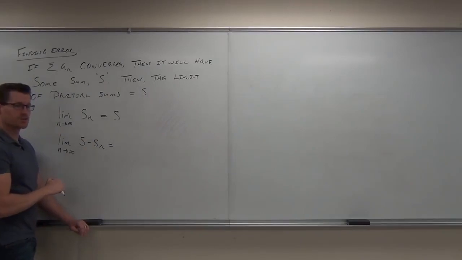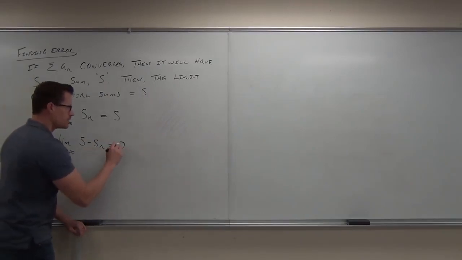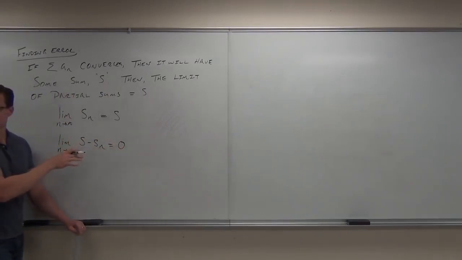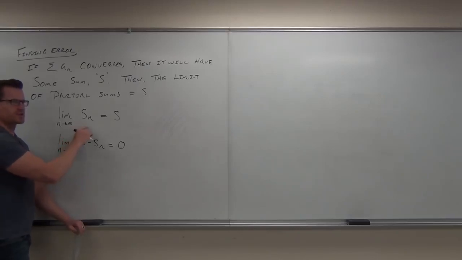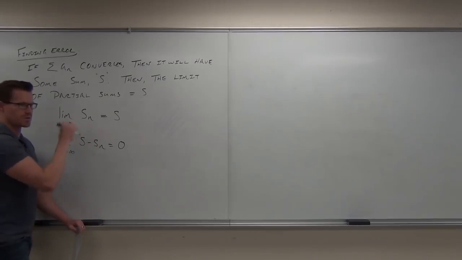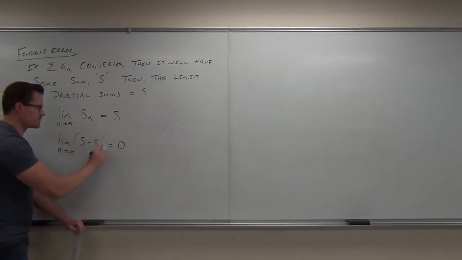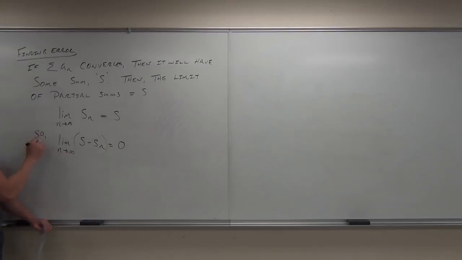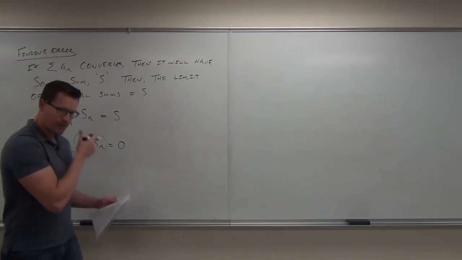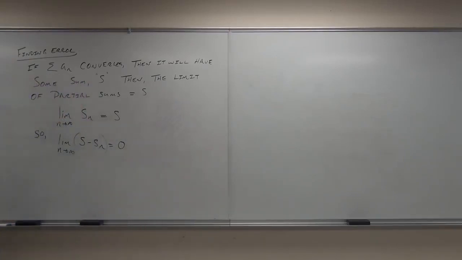It should be 0, and it is. Does that make sense to you? If the limit of S sub n as n approaches infinity is S, then the difference between them would be 0 as n approaches infinity.